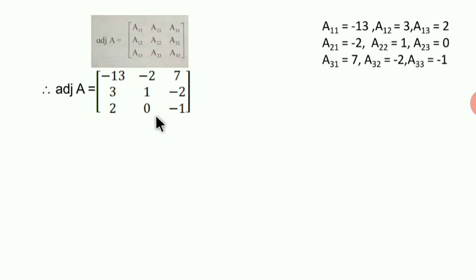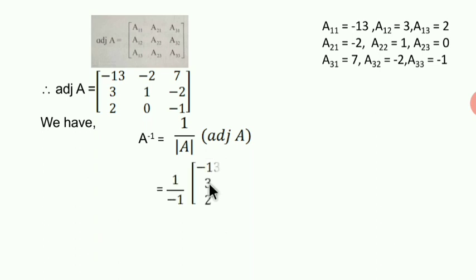Now once we get adjoint A, we find the inverse. So A inverse is equal to 1 upon determinant A into adjoint A. Now we know the value of determinant A is minus 1. So put that value and the value of adjoint A here. So A inverse is equal to 1 upon minus 1 into the matrix.